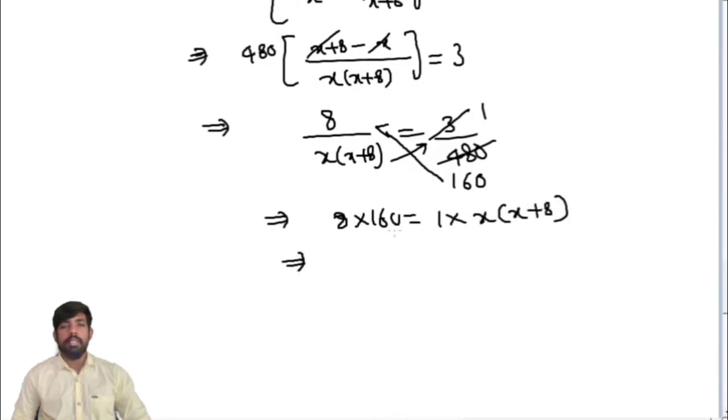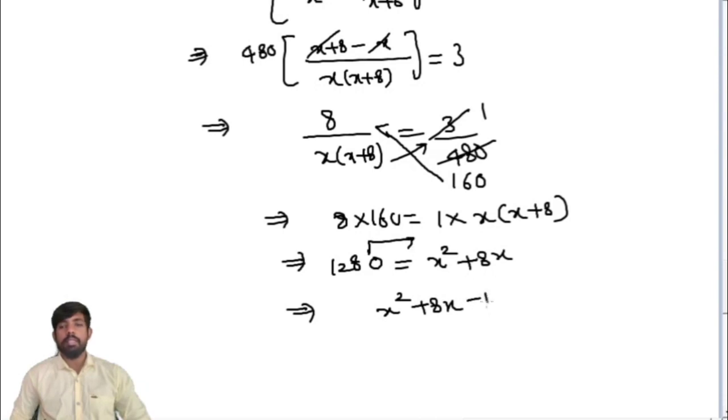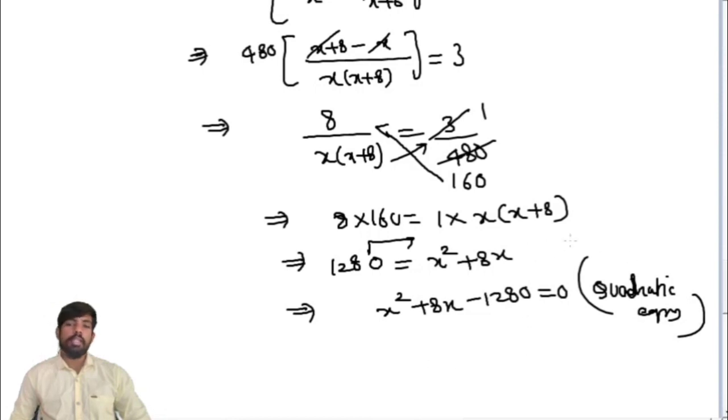So 8 zeros are 0, 8 sixes are 48, 8 ones are 8 plus 4 is 12, giving 1280, equal to x square plus 8x. In quadratic form, x square plus 8x minus 1280 equals 0 is the required quadratic equation.